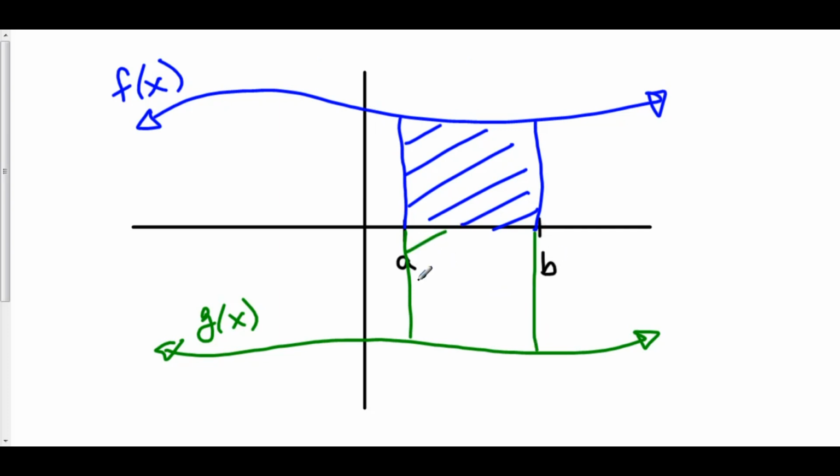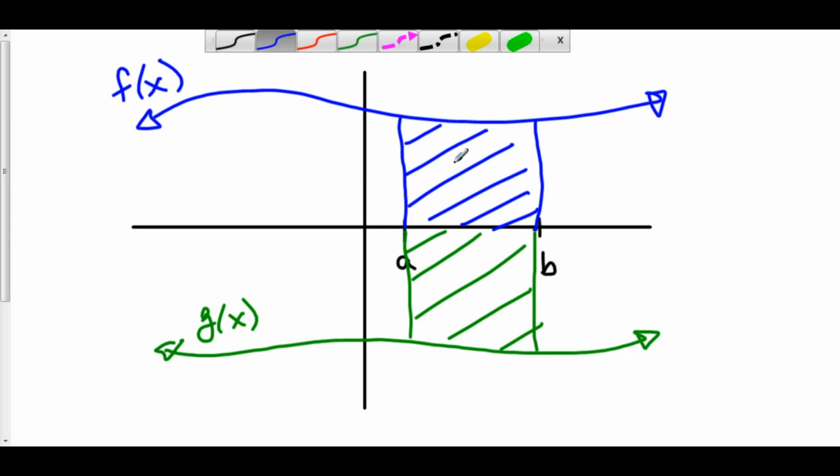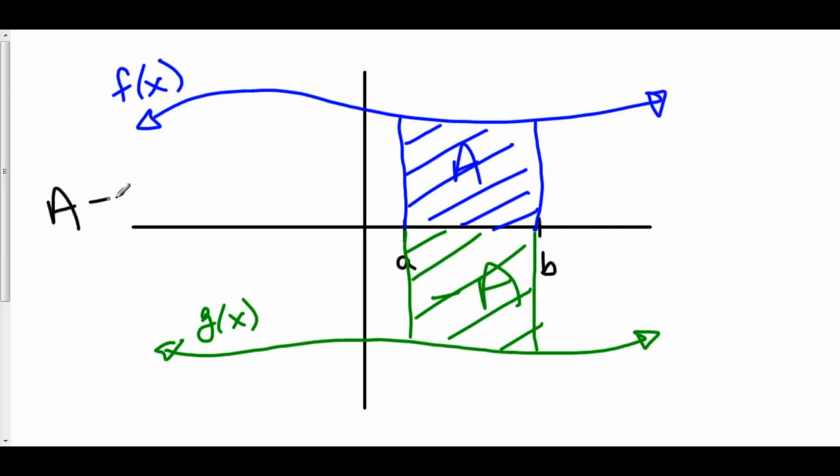Well, yes, the integral of g of x is negative, but remember, if we took the integral of f of x, which gives us this blue area right here, and then we subtracted off the integral of g of x, which is a negative area in here, remember that our blue area minus our green area is the same thing as adding our two areas together.